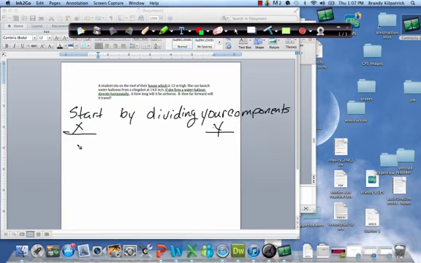The only variables you have in your x direction will be a velocity, delta x, and then also time. And in your y direction, you could have delta y, you could have acceleration, which will always be negative 9.8 meters per second squared.